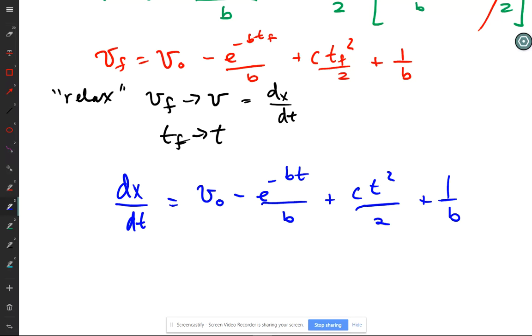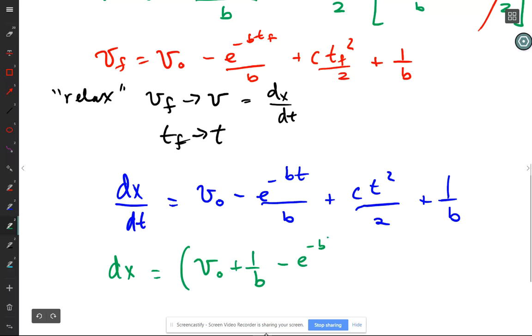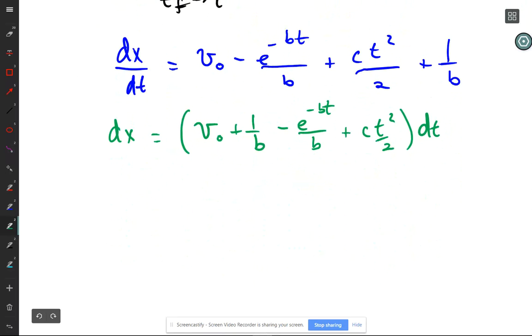Did I miss something? No. Nope, I didn't. Just seems that way. What do I do now? Separate variables and integrate again. Changing the order. So now I have those separated. I'm going to integrate.